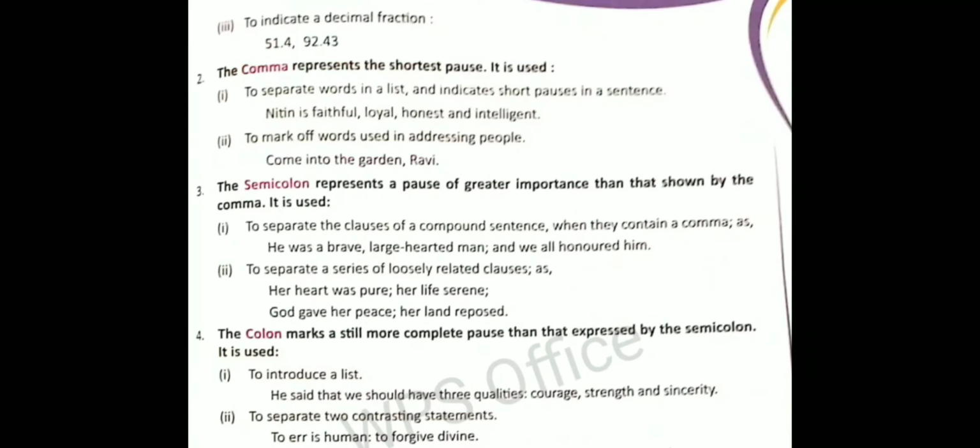Now, the third point is to indicate a decimal fraction. You know about the decimal fraction in maths, isn't it? You have learned the decimal numbers. So here it is used to indicate a decimal fraction.